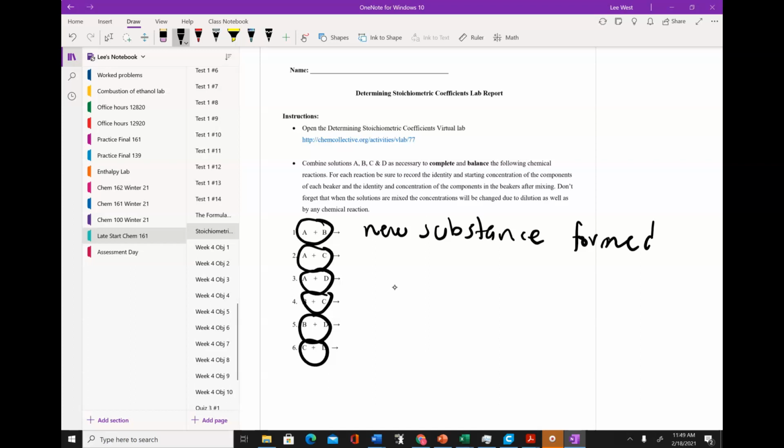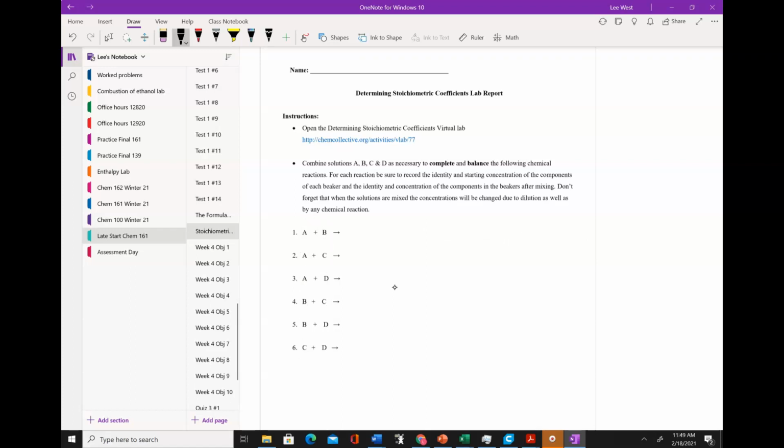That's okay. If you don't end up with any new substance, then you're just going to write no reaction beside the row. So if you mix A and B and nothing else forms, then you'll just write no reaction. Okay, so that's the first thing to do, check for a reaction.